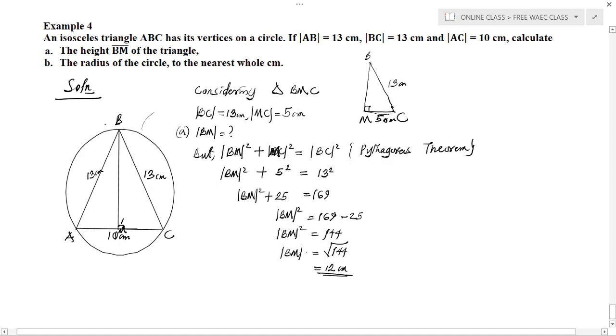So with that, we are through with the height BM. So we can just tell them that therefore the height BM is 12 centimeter. Now the next question is to find the radius of that circle.